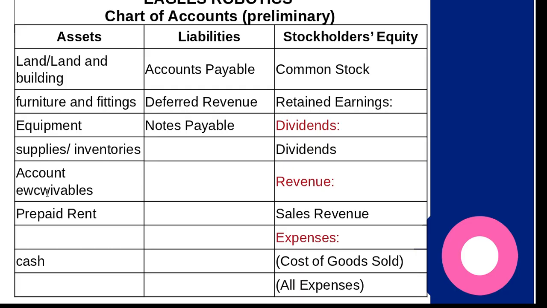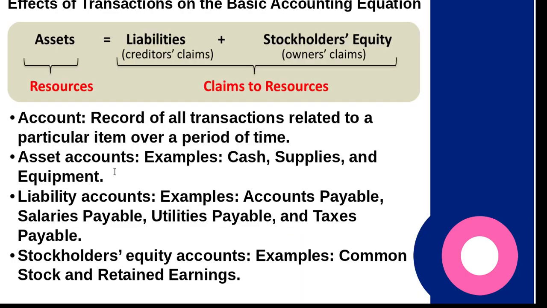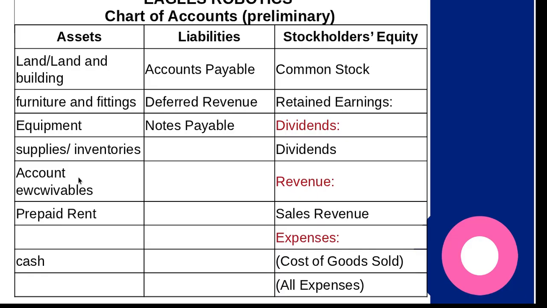Accounts receivable. Typographic error, sorry. Accounts receivable and prepaid rent and cash. Cash is either cash at hand or cash in the bank. All these things and lots that we did not mention are assets.